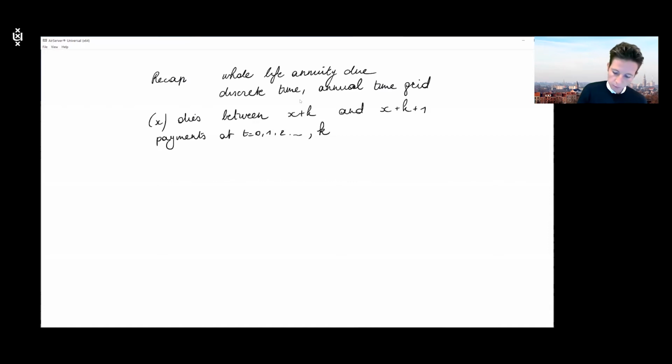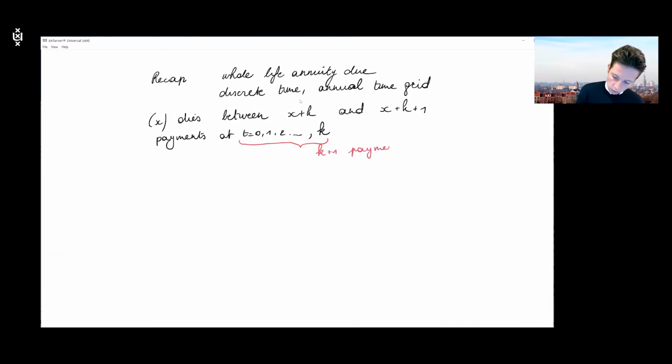And the last payment will be paid at time k, right? Because our policyholder dies between time k and k plus 1. There was a payment at the beginning of the year, so the very last payment is at time k. So that means if I look at this cash flow stream, then I've got k plus 1 payments in total, right? k plus 1 payments in total.